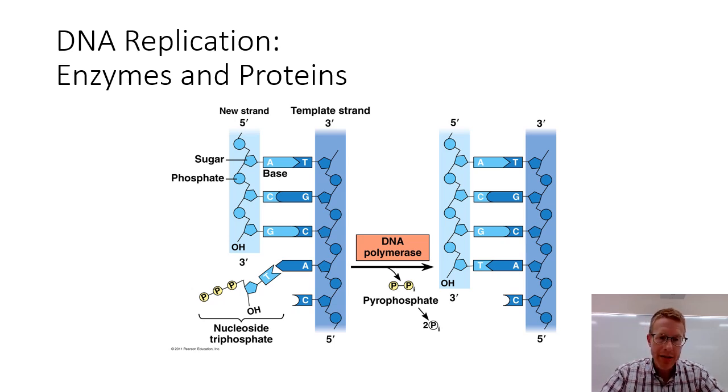But then to create the covalent bond between the sugar of the nucleotide that's already attached to the strand, and the phosphate of the nucleoside triphosphate that came in, an enzyme is needed, and that's DNA polymerase, specifically DNA polymerase 3. And so the DNA polymerase 3 catalyzes this formation of a bond between the nucleotides on the growing strand, and when it does that, 2 phosphates are removed.